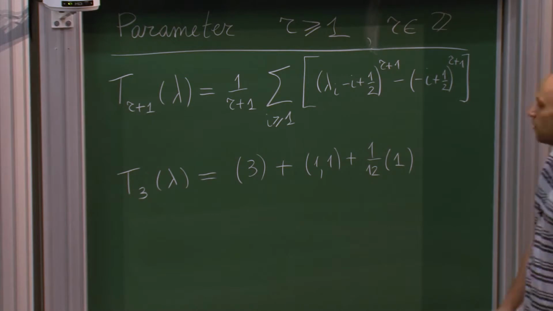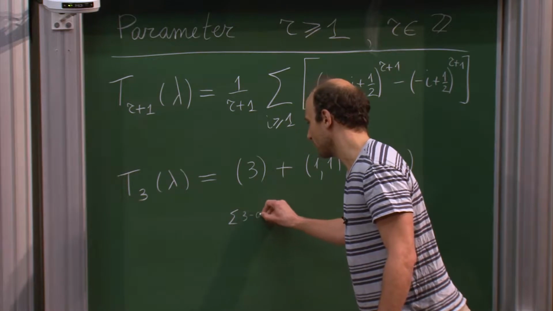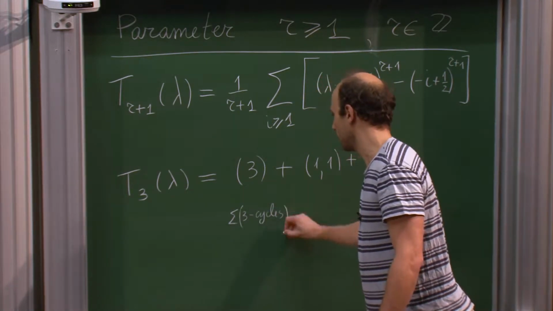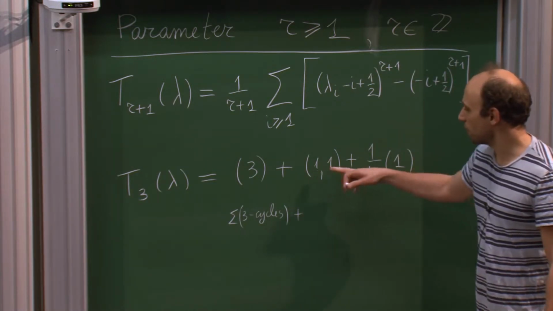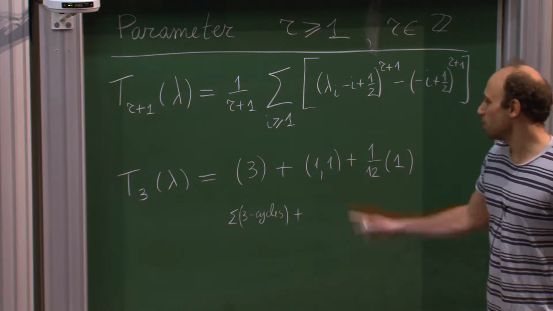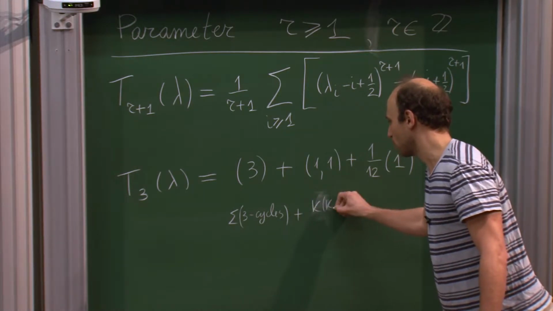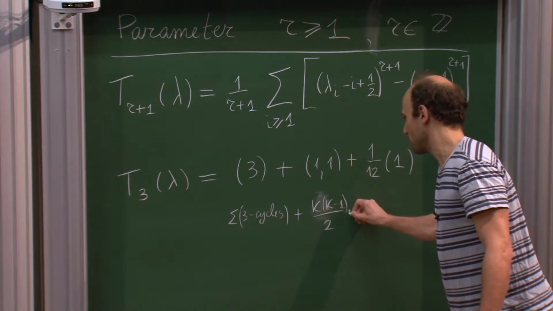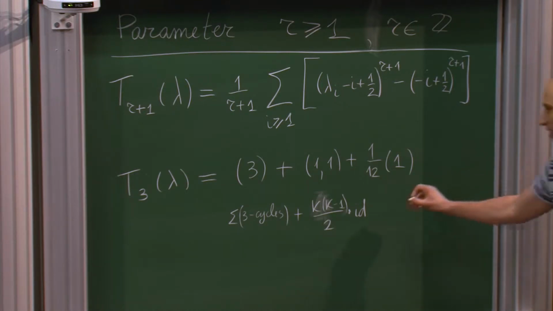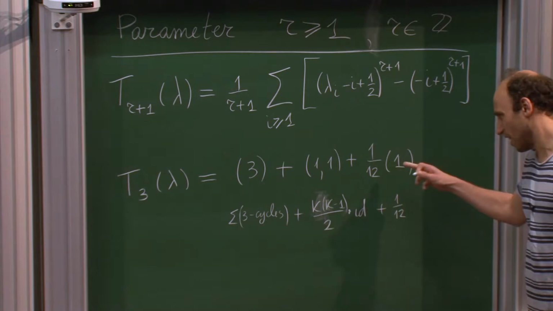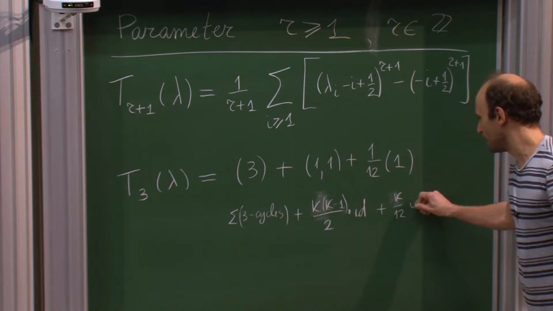So that means that T3 of lambda is the sum of 3 cycles, plus the trivial permutation, but with 2 distinguished elements, so actually k times k minus 1 over 2 times the trivial permutation. And here I have 1/12 times, once again, the trivial permutation, but with 1 distinguished element. So k over 12 times the identity.